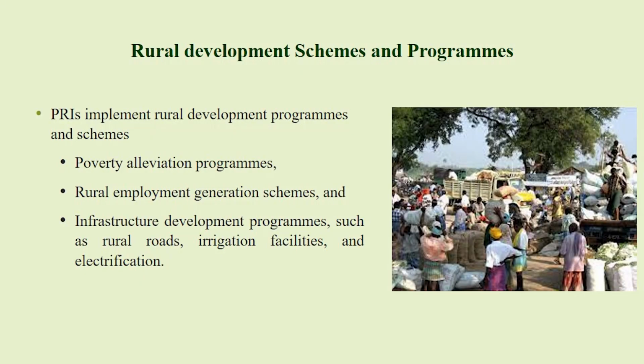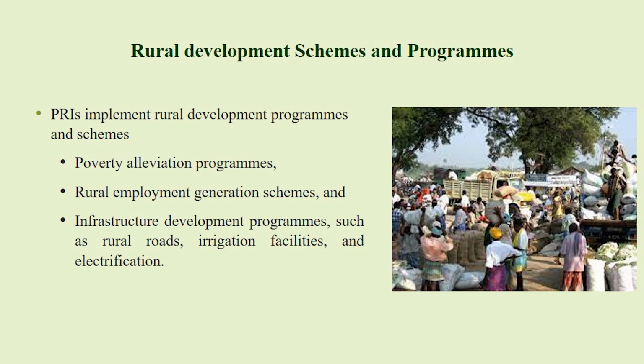And rural development schemes and programs. One of the primary functions of Panchayati Raj Institutions is the implementation of rural development programs and schemes aimed at improving the socio-economic conditions of the rural population. These include poverty alleviation programs, rural employment generating schemes, and infrastructure development programs such as rural roads, irrigation facilities and electrification.